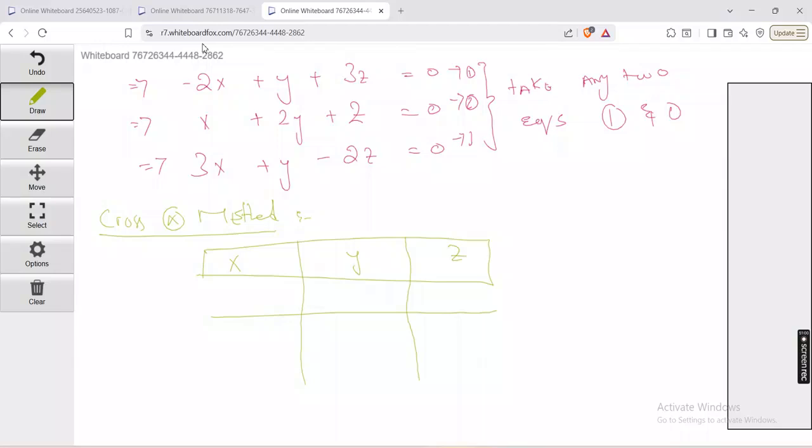For the first equation, what is x? X is minus 2, this is 1, and z is 3. For equation 2, what is x? X is 1, here is 2, and here is 1.